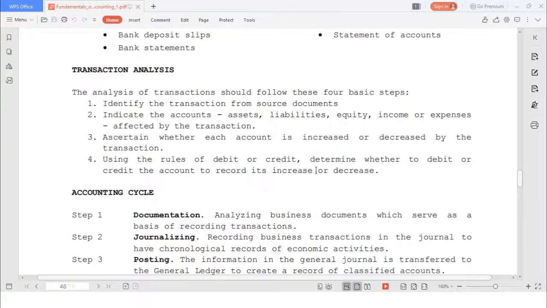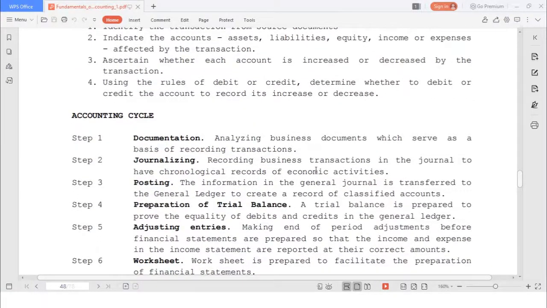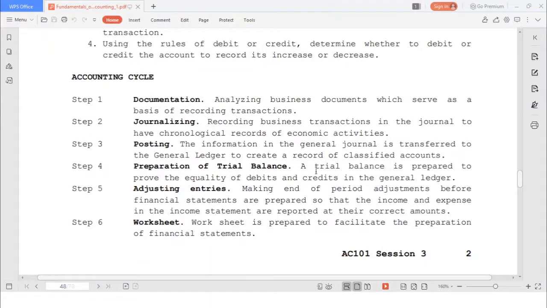Now, let's move on to the accounting cycle. So, the accounting cycle involves these steps. First is the documentation, wherein you are analyzing business documents or katong mga source documents which serve as a basis of recording transactions. Next is journalizing.